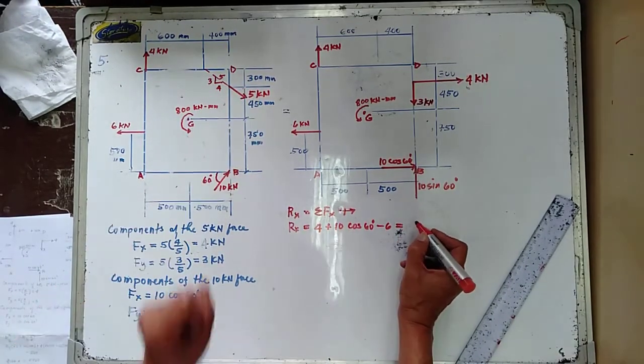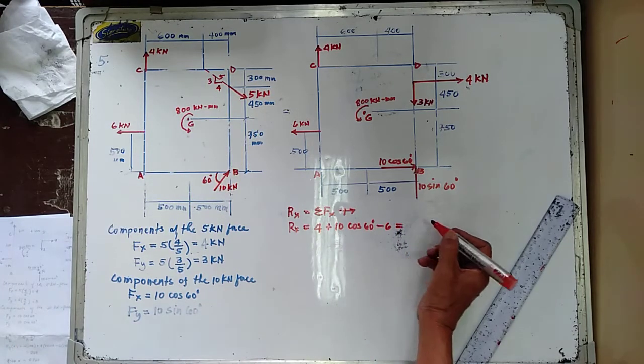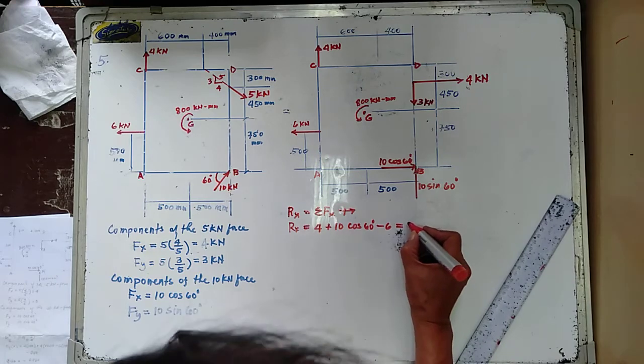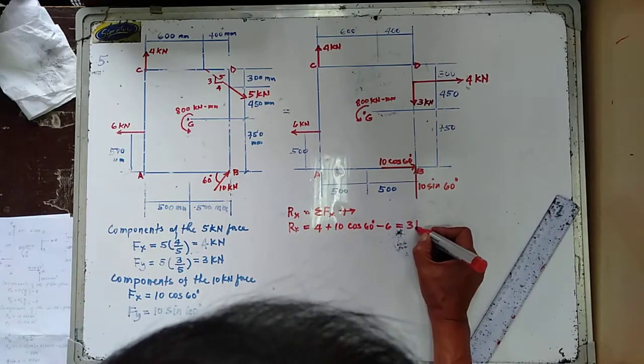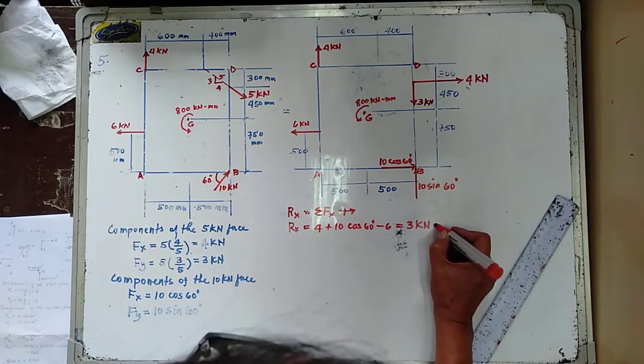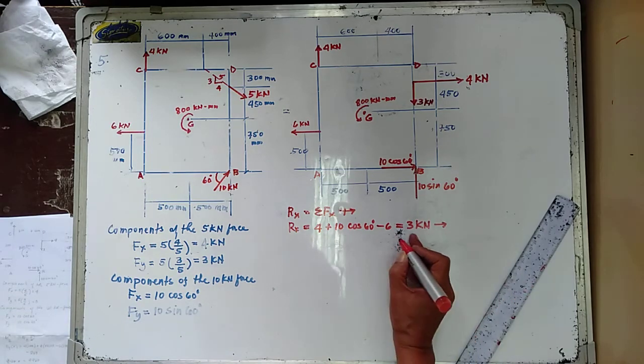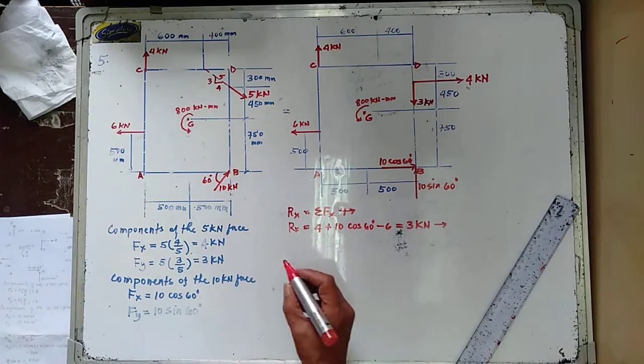Therefore, Rx is equal to 3 kilonewtons. We get a positive value, therefore it goes to the right.